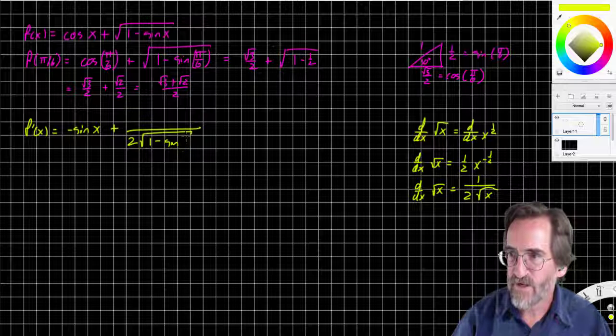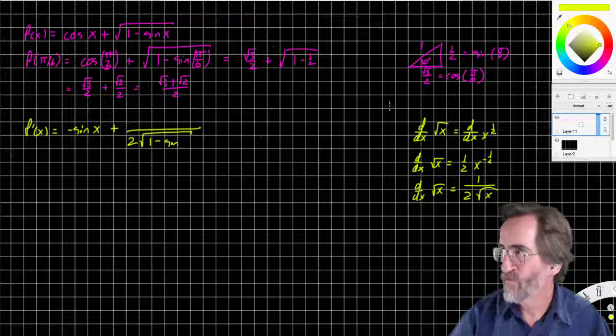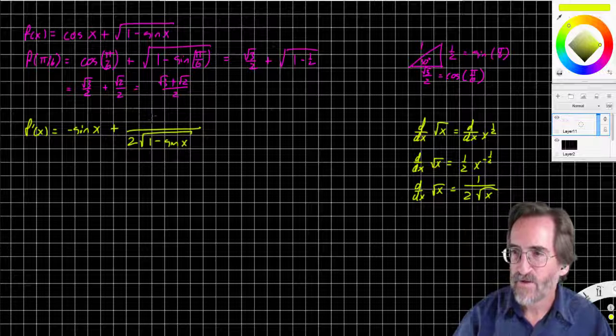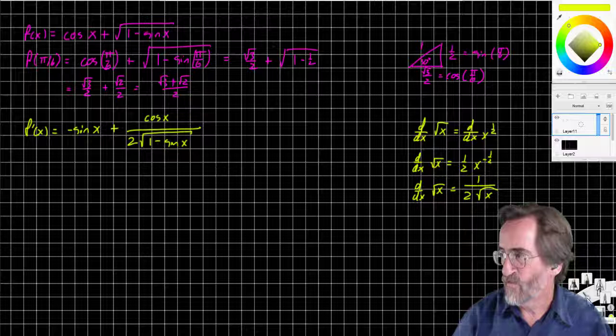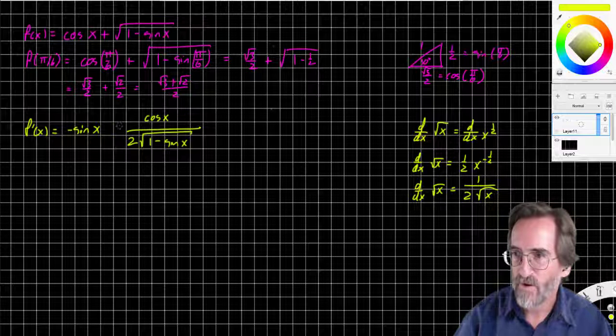The derivative of sine is cosine, but this is the derivative of minus sine, so that's going to be negative cosine. And instead of putting it down there, I'm going to put it out in front here. Negative cosine.